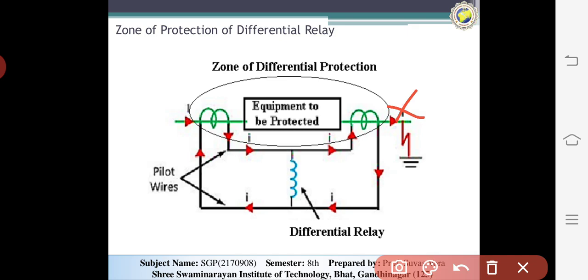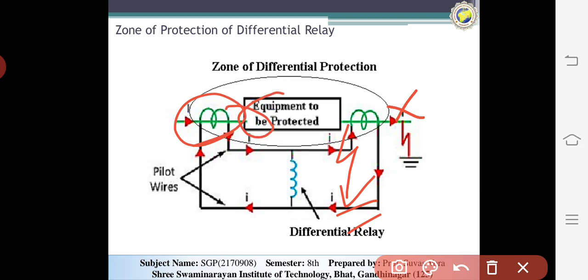When a fault develops inside the protection zone, this is the internal fault, and the differential relay will operate because the currents of these CTs and the outputs of these CTs will be different.